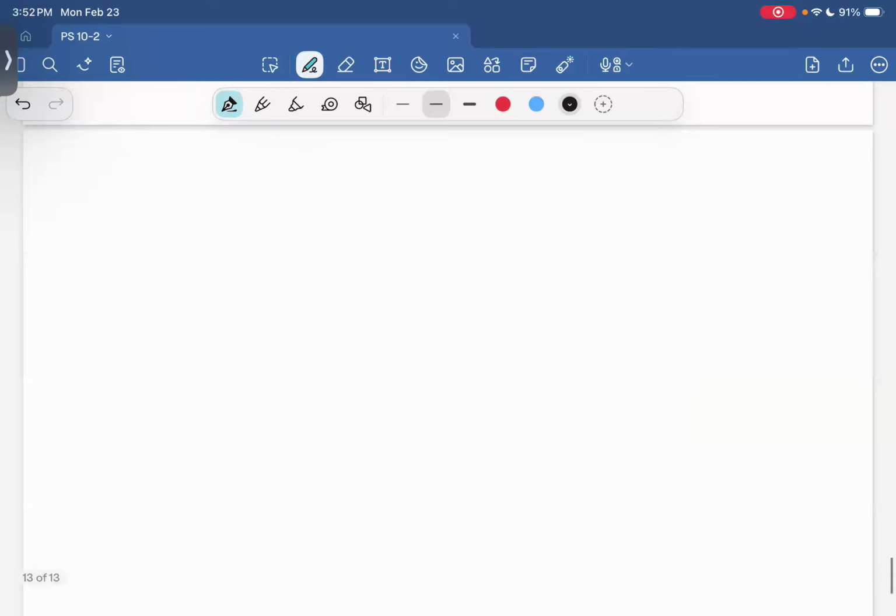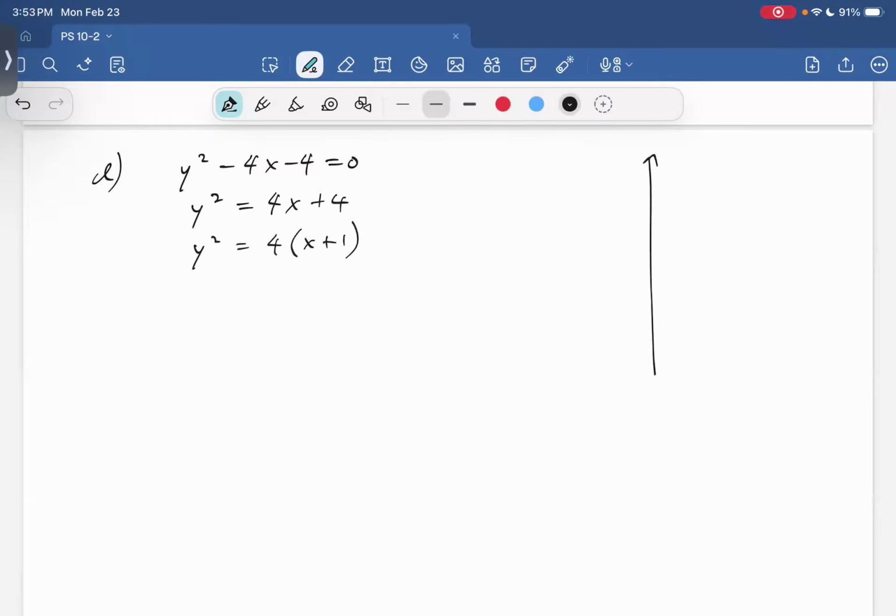Let's do L now. y squared minus 4x minus 4 equals 0. I can move the x's to the other side and just directly factor that. Now I have a y squared, so this is horizontal opening to the right.